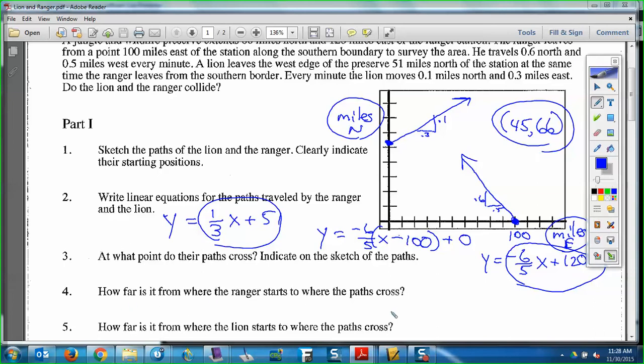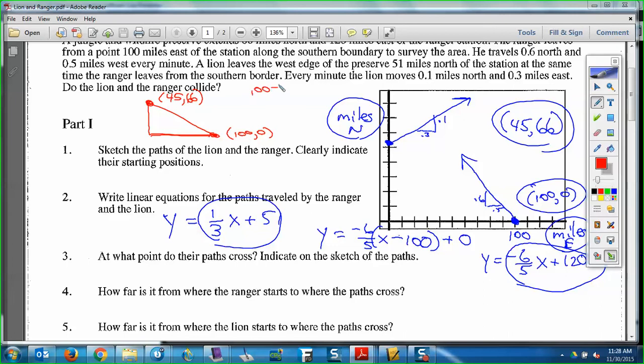Now, how far is it from where the Ranger starts? Well, that would be the distance from this point to there. Now, how do you do that? That's the distance formula. The distance formula is nothing more than the Pythagorean theorem. If I want to know the distance from here to here, if this was (100, 0), and this was (45, 66), then all I need is the x-coordinate here minus the x-coordinate here.